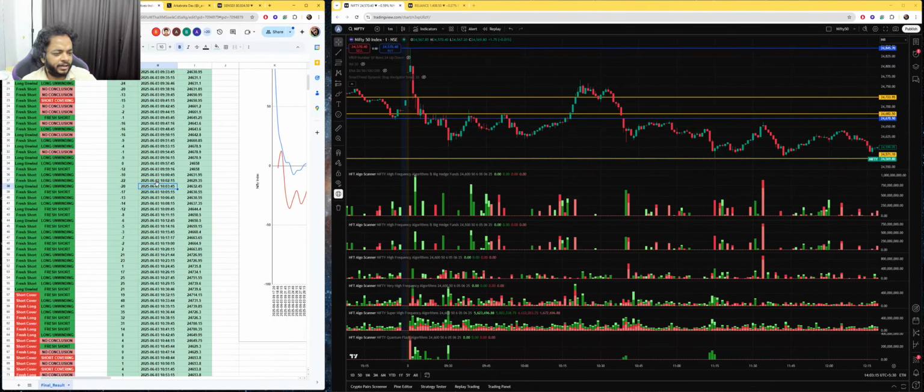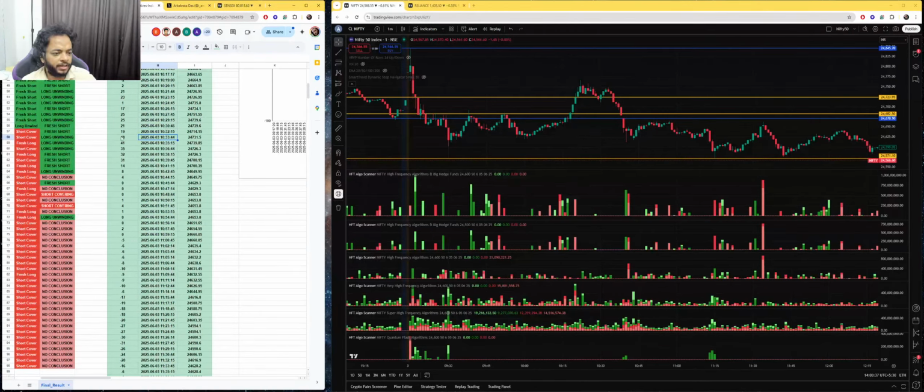Here it did not work out, the AI money flow. It was increasing, but that was the right top there, around 1048, and after that it started decreasing again.